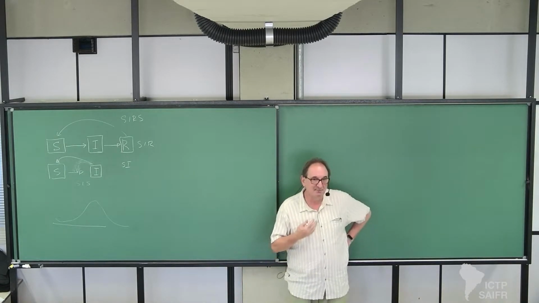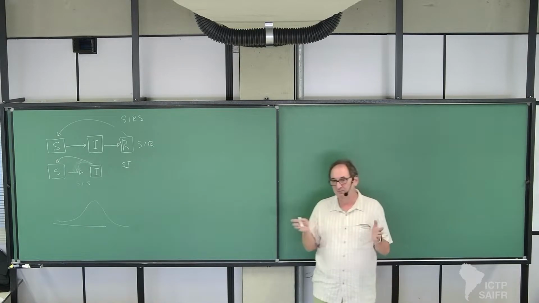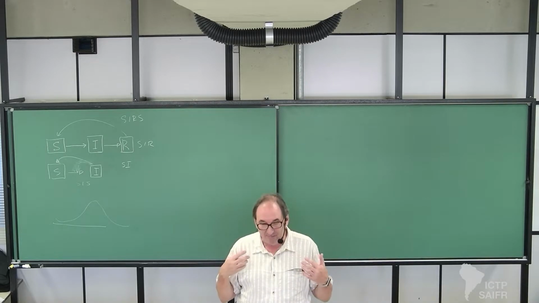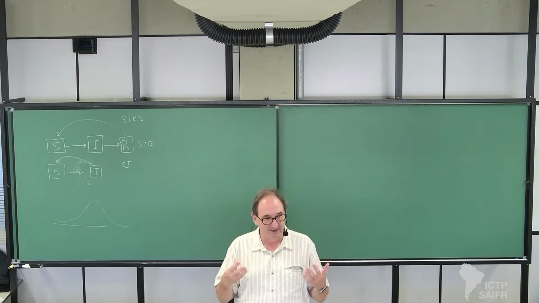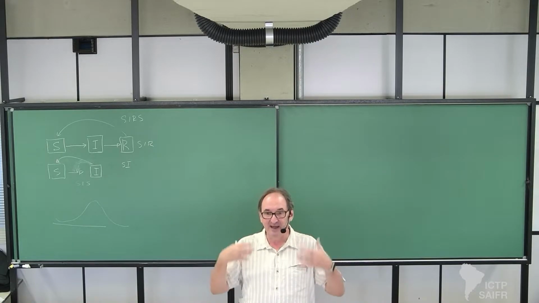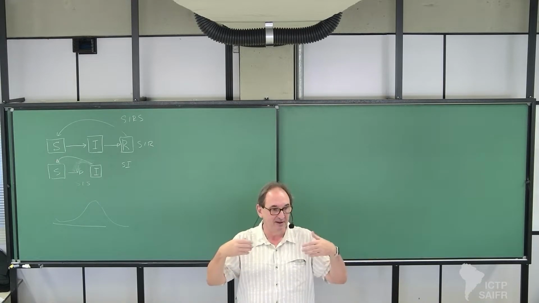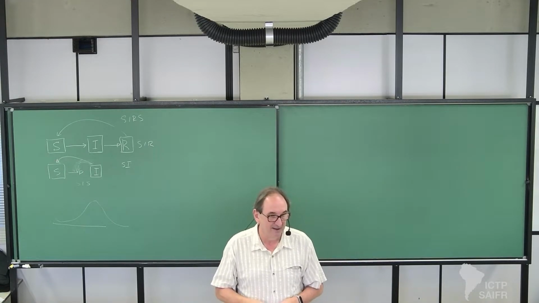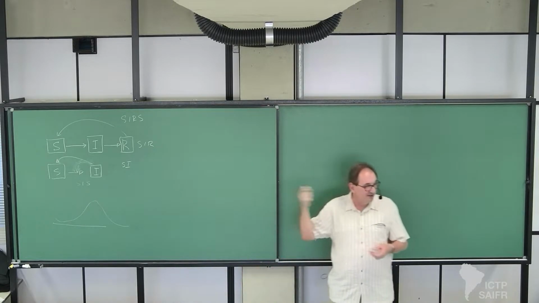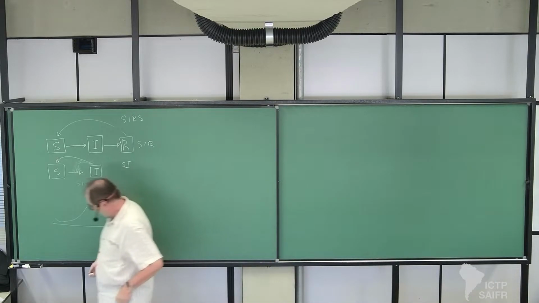Hospitalization is much easier to have notification for. So fitting a model would be easier if I can fit the number of people that have been hospitalized. So what I need in this case is to introduce a new class here. So I do something like that.